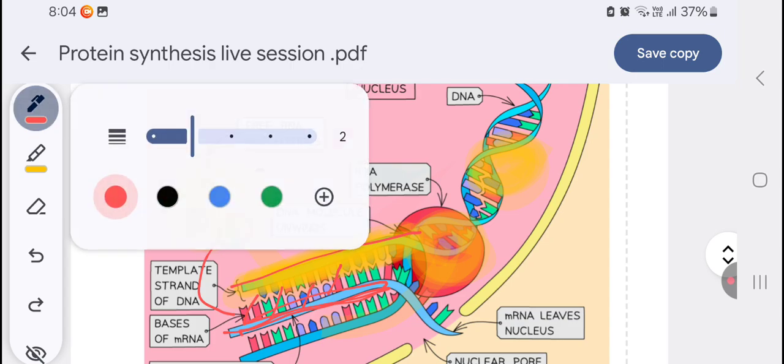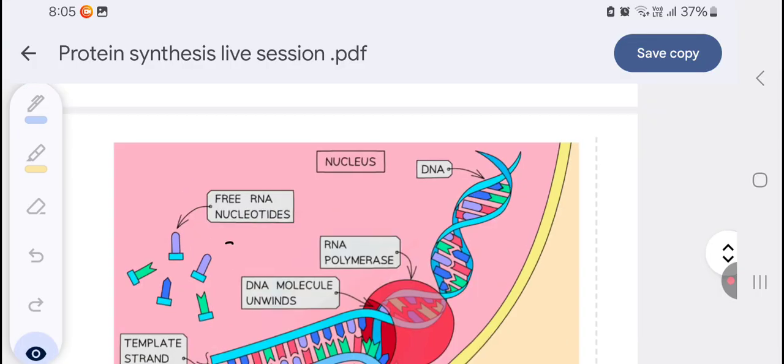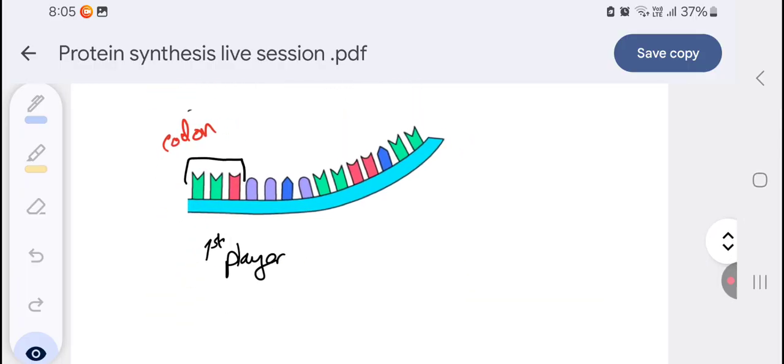So the final result will be a single-stranded messenger RNA. This one. This is a single-stranded messenger RNA that is formed of nucleotides complementary to the template DNA, the exposed area of the DNA that we wanted to copy.